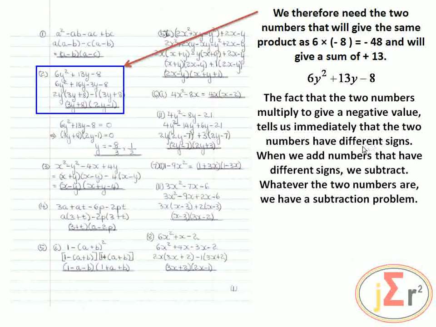The fact that the 2 numbers multiply to give a negative value tells us immediately that the 2 numbers have different signs. So as long as they multiply to give a negative answer, the 2 numbers must have different signs. So we are multiplying 2 numbers that have different signs. Now we will be adding those 2 numbers that have different signs, and the answer is positive 13.